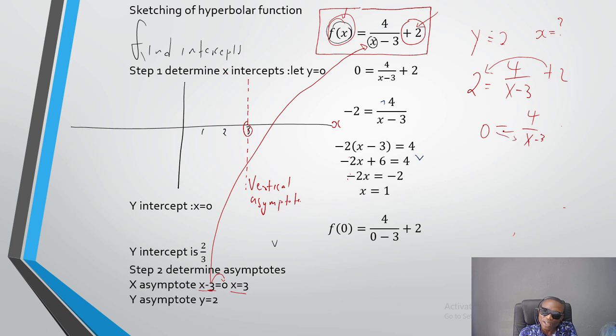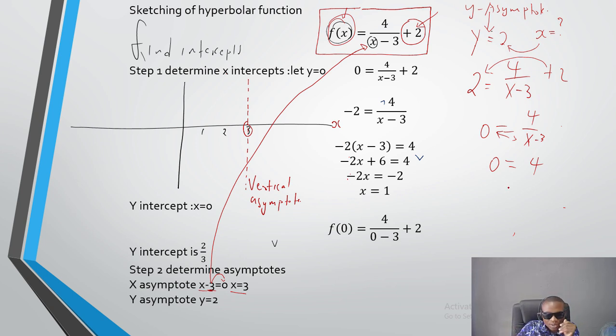If you cross multiply, you have 0 equals 4, which is wrong. 0 cannot be equal to 4. So when y is 2, we fail to find the value of x, meaning that there is no value of x that maps to y being 2. There is no relationship between a certain value of x and y being 2. So we say this y being 2 is the y asymptote. There is no value of x that can give us the value of y, which is 2.